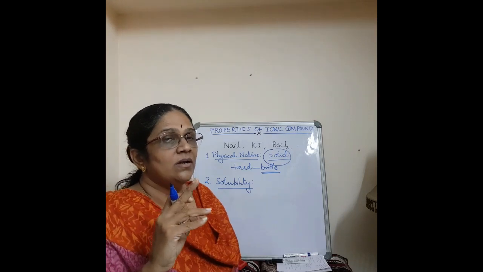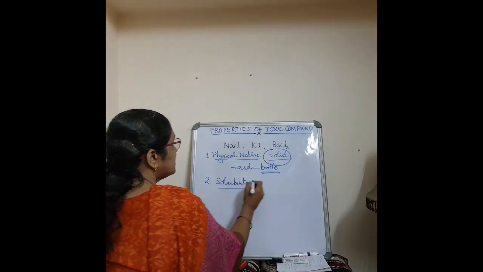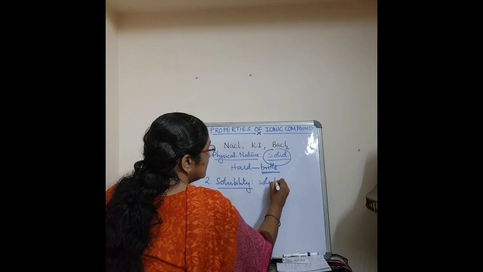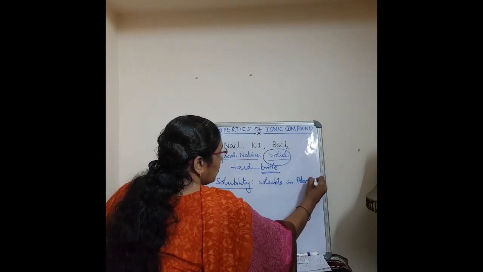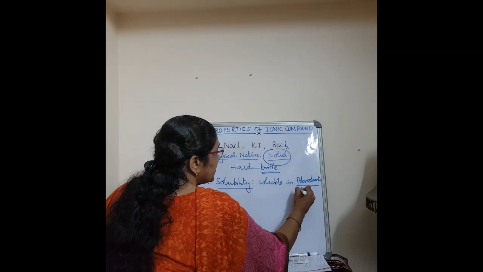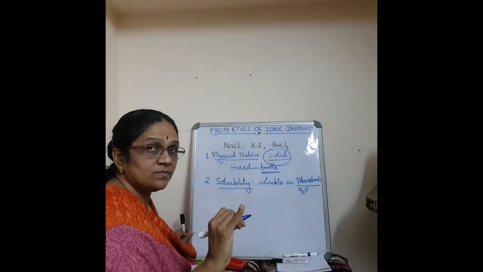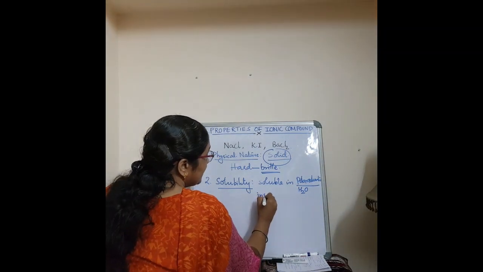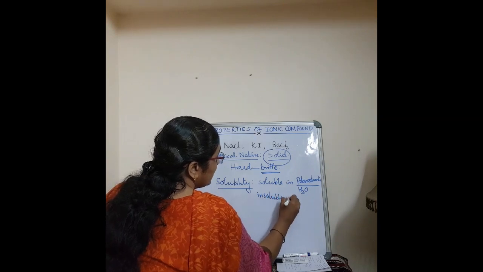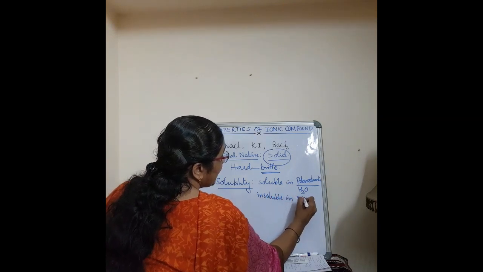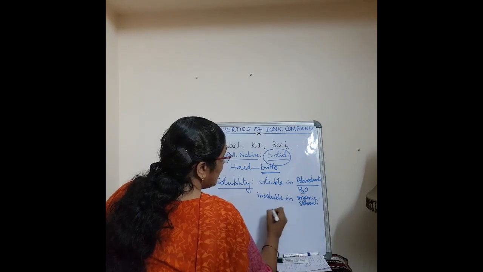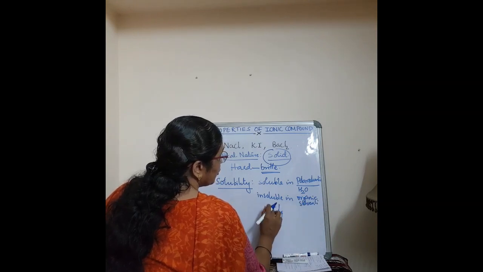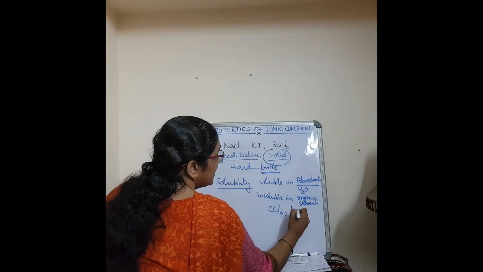So we can say ionic compounds are soluble in polar solvents, or instead of polar solvents you can also write water, no problem. But they are insoluble in organic solvents, namely chloroform, CCl4, which you will study in the 4th chapter, or benzene.